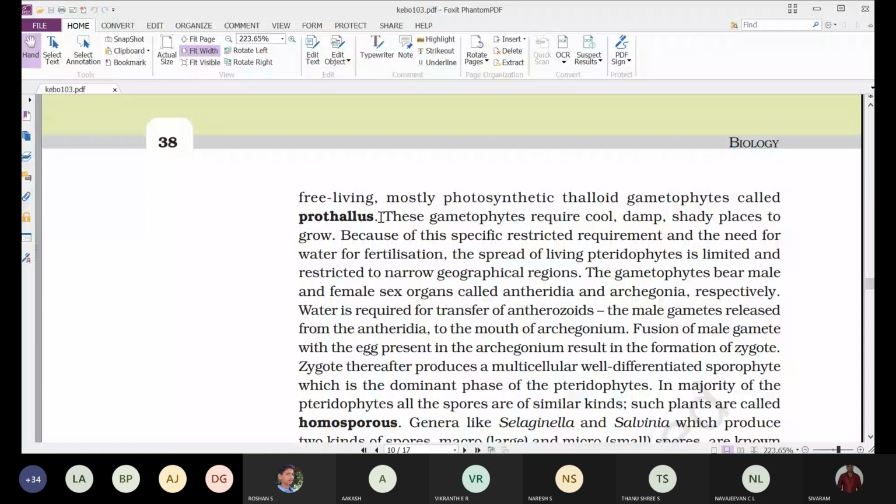Because the gametophyte stage later produces gametes, and these gametes require water for fertilization.